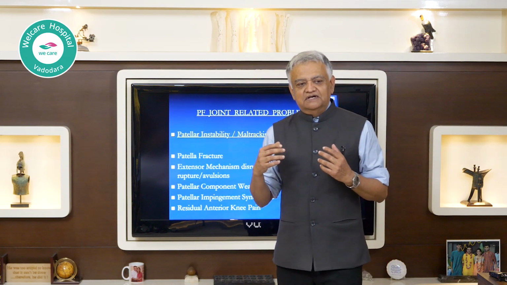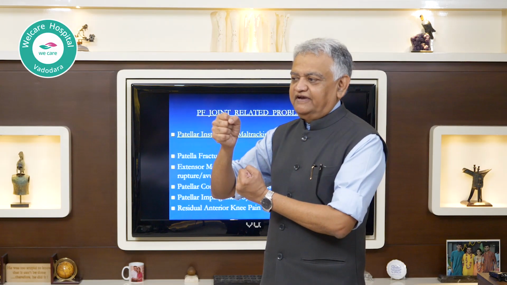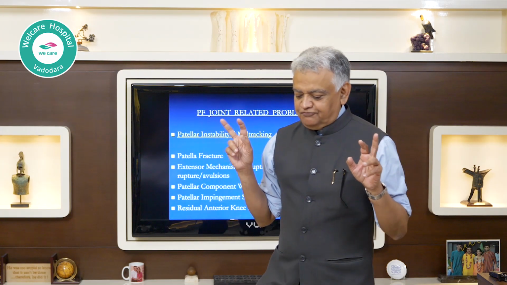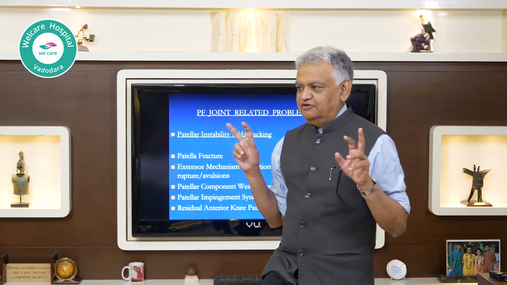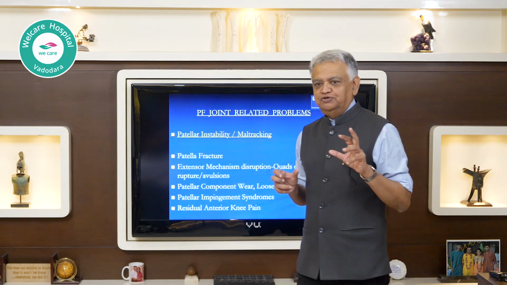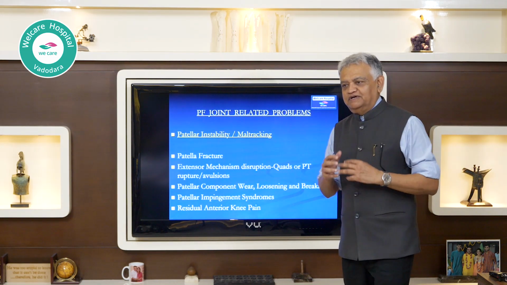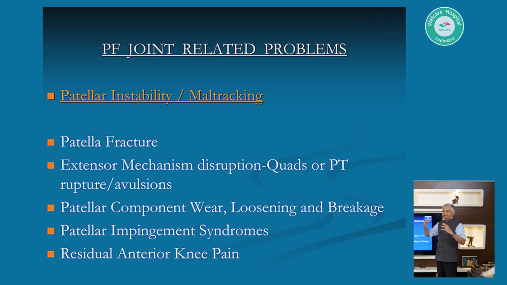Because, and you will see what I mean later in this lecture, of the pull of the extensor mechanism, especially if it is not well balanced, and if the knee joint does not have an easy range of flexion movement. In the post-op phase, now the pain is gone for that patient, so the physiotherapy and the patient both are enthusiastically trying to get the flexion range of movement, and the osteoporotic patella starts giving way to a stress fracture.